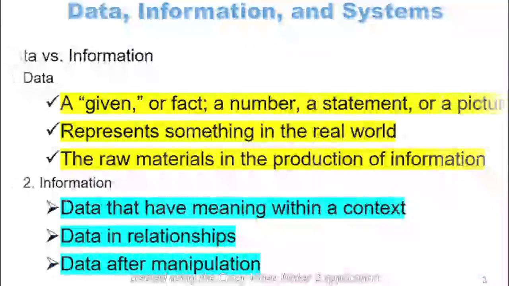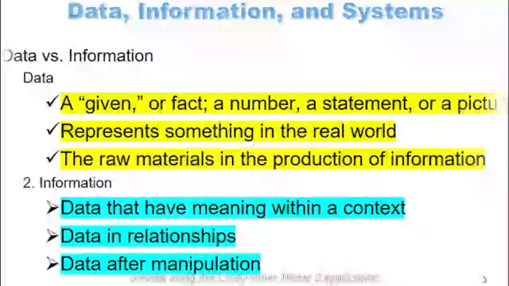When you have data that is sending you a message, that is giving you meaning to what you are doing, that is referred to as information. Data that is giving meaning to that context is referred to as information.